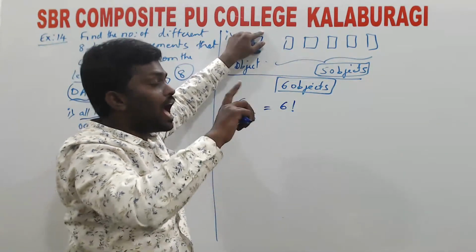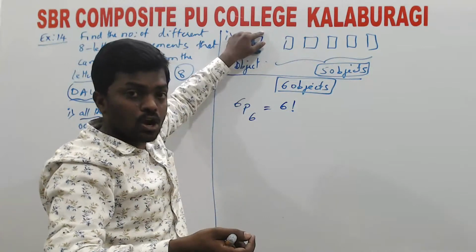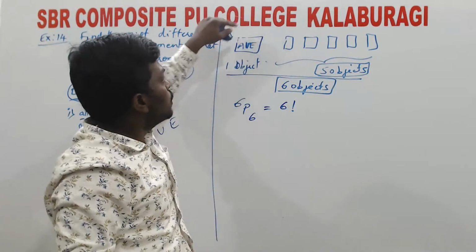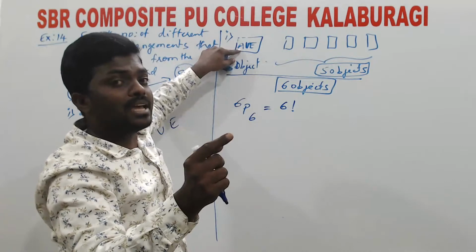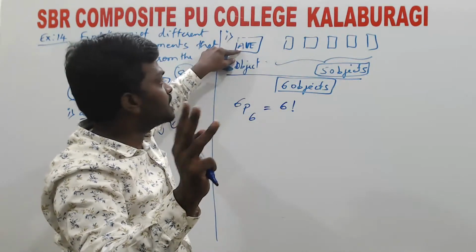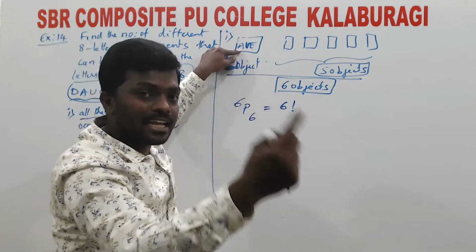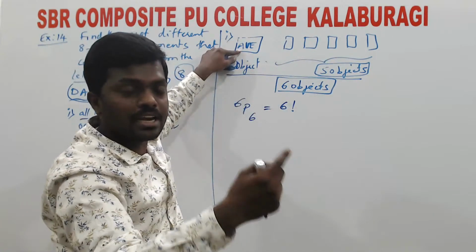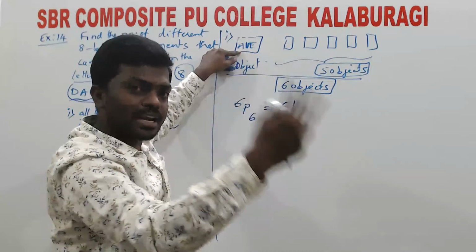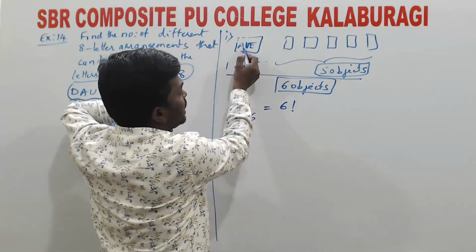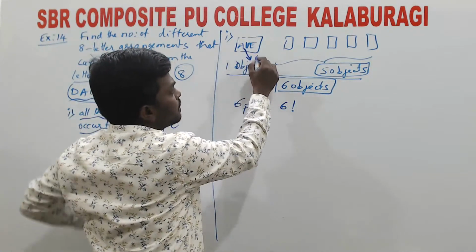So still our task is not complete. Why? Because in one box or one bench, as I have told you, there are three friends A, U, E. They won't sit like that only. There will be arrangement among themselves also, right? A, U, E can also arrange themselves. How many letters are there? Three.